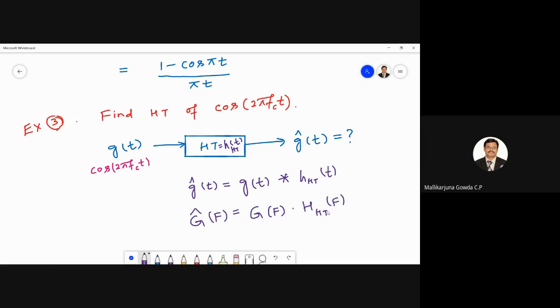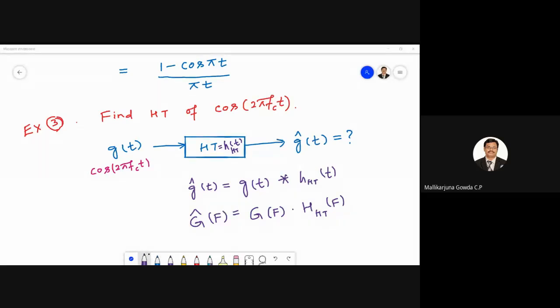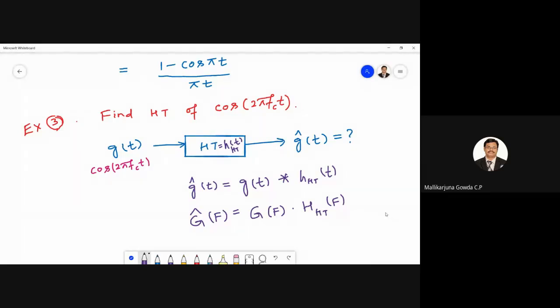So it is the multiplication of the Fourier transforms in the frequency domain. So G cap of f is equal to G of f into HHT of f, right?